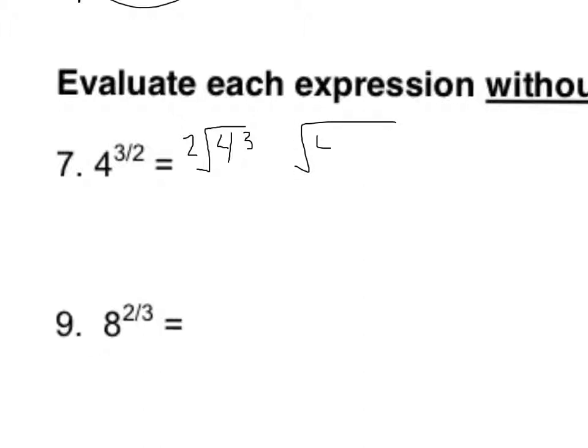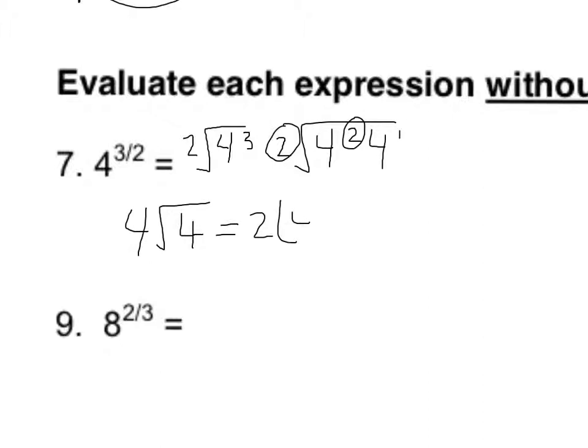So it would be 4 to 2 and 4 to 1, because 2 plus 1 is 3. And your 2 for your index is still out here, so since you have a 2 out here and a 2 in here, you take a 4 out, and so it would be 4 radical 4, which is equal to 2 times 4, which then equals 8, which is your answer.